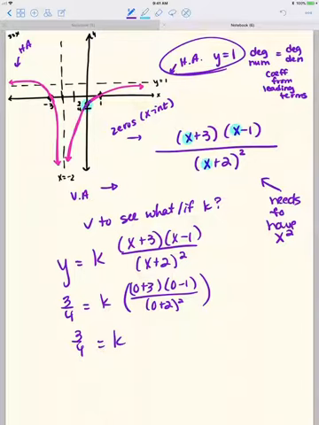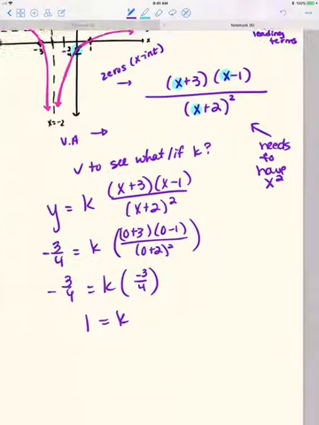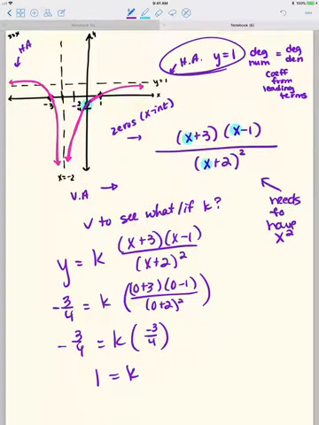And cleaning that up gives -3/4 equals constant times -3 over +4. So you see that that coefficient is just a 1. So there's nothing really to multiply on the front of that.